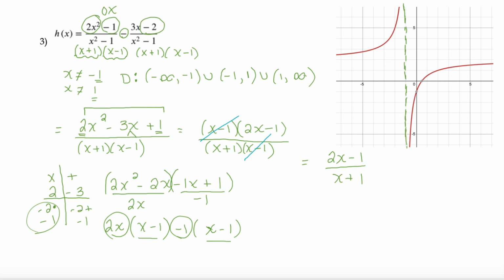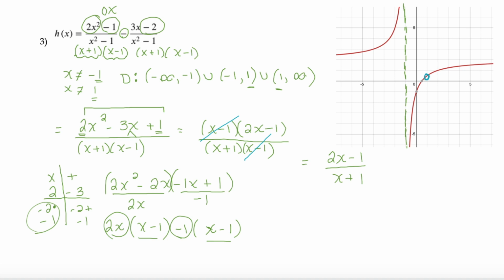But what about this other domain, this positive 1 that we're skipping? Because we were able to cancel out that common factor, that tells me that when x is equal to 1, in this case right here, it's going to give me a hole in the graph. So if I were to have put my pen over that utilizing Desmos, it would have said 1 undefined.